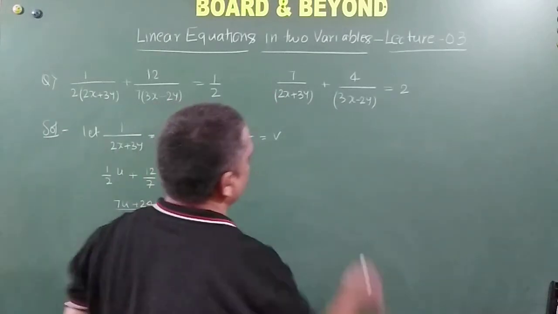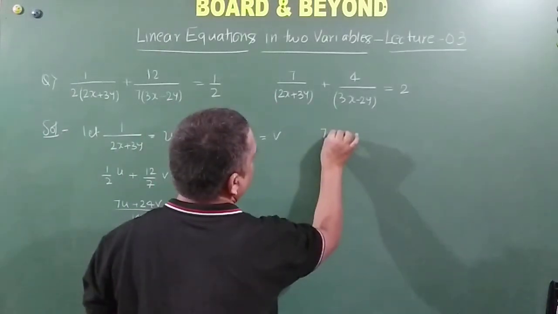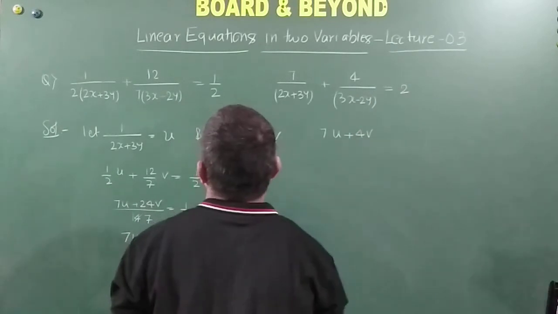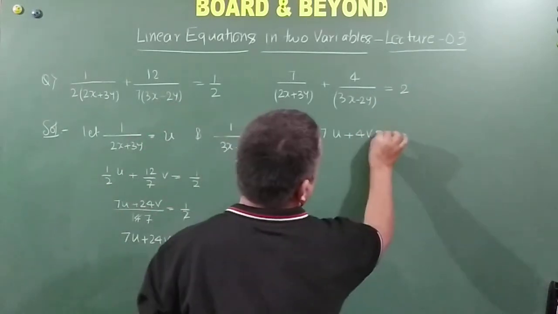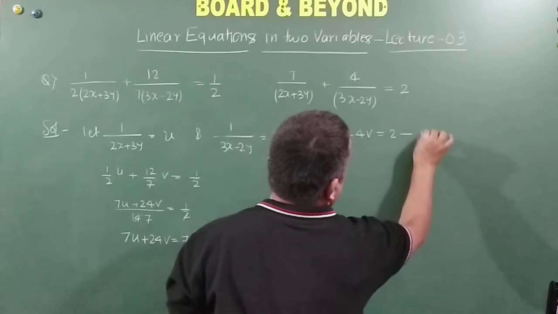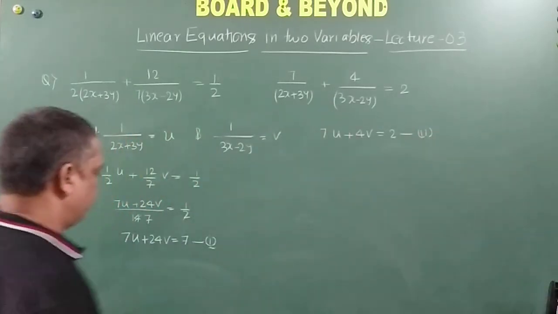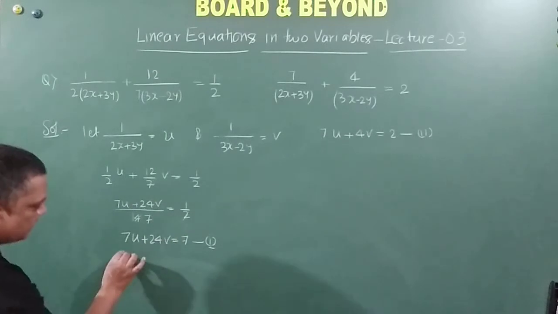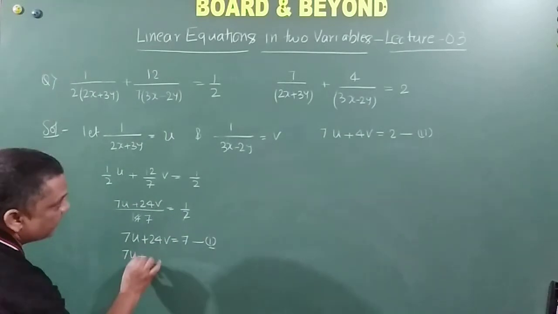Similarly, let us try solving the other. This becomes 7u plus 4v is equal to 2. This is pretty straightforward. Now we will bring this down here and try to eliminate one variable.